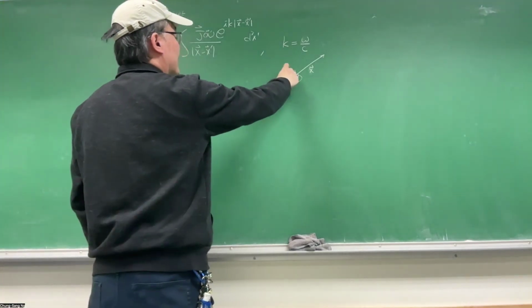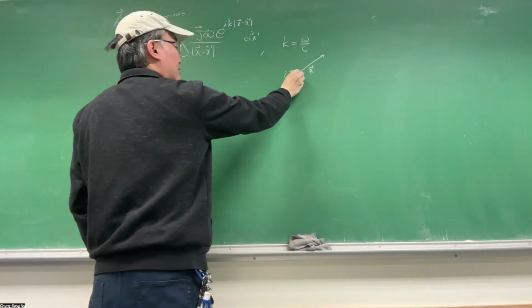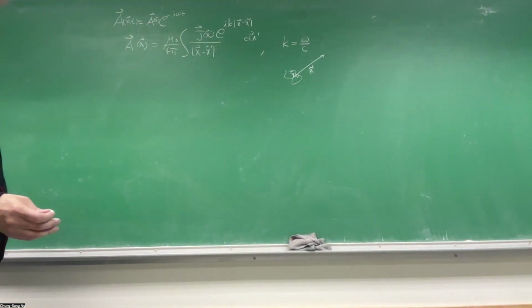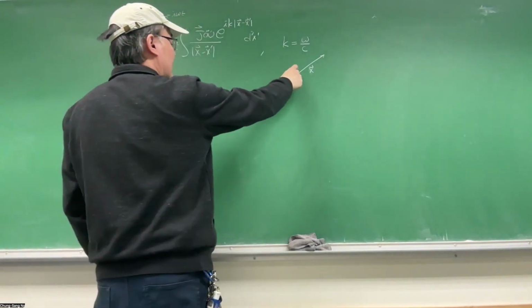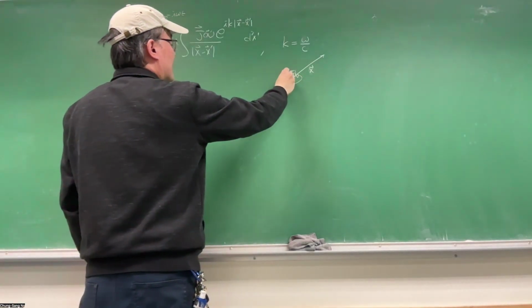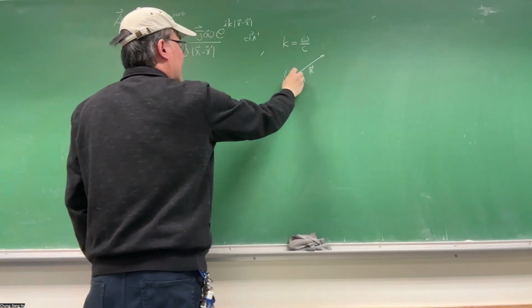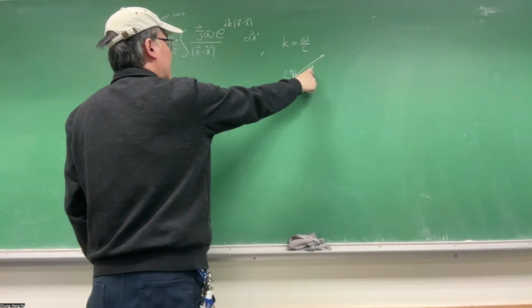Obviously you center your origin somewhere within the region where J is non-zero. So all this x prime, where J is non-zero, is smaller than x.